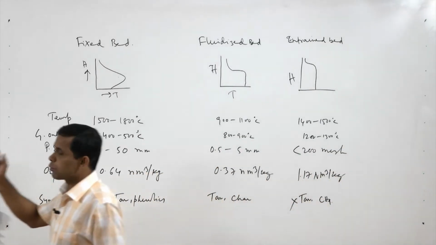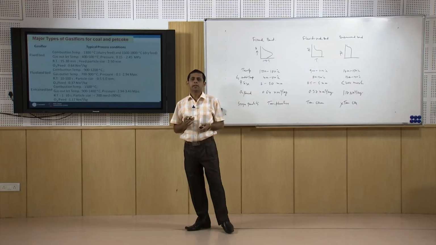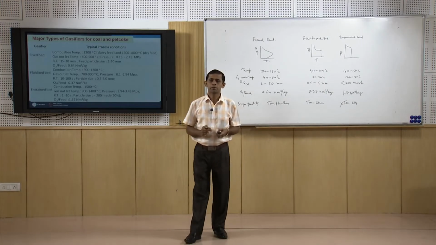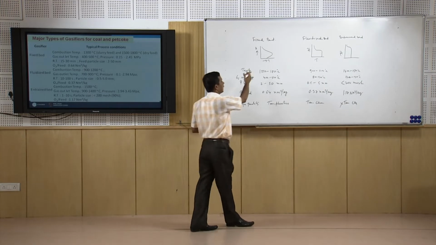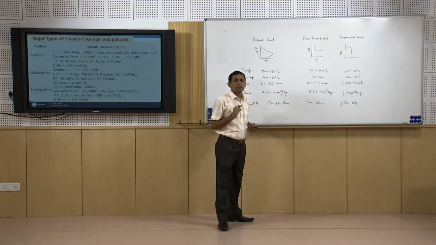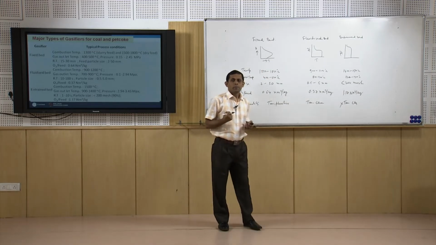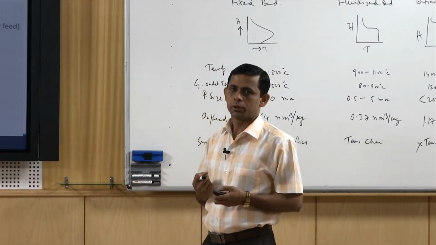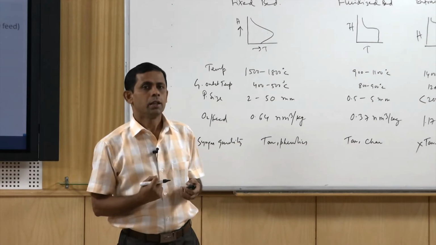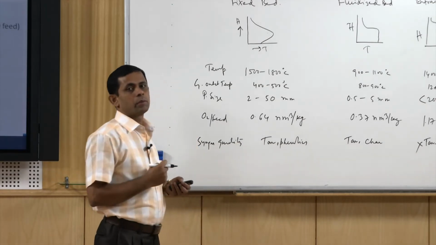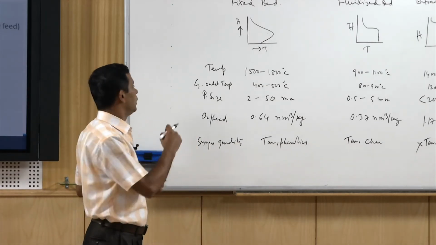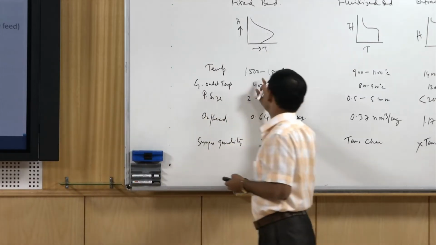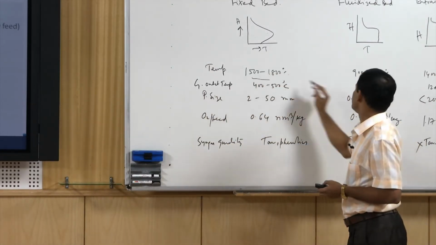If we replace coal by biomass and waste in these conventional gasifier systems, we will also see a similar trend, but there will be some difference as coal is much less reactive in comparison to biomass and waste. So, the temperature requirement for biomass and waste gasifiers will be lower than these values.